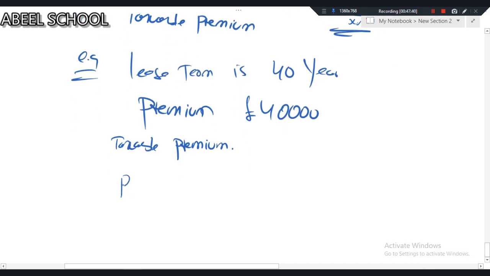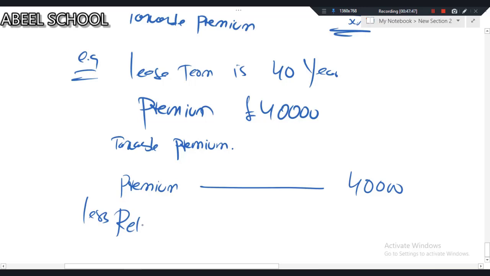Just take the premium first, which is 40,000, less the relief: 2% (40 minus 1) into 40,000.